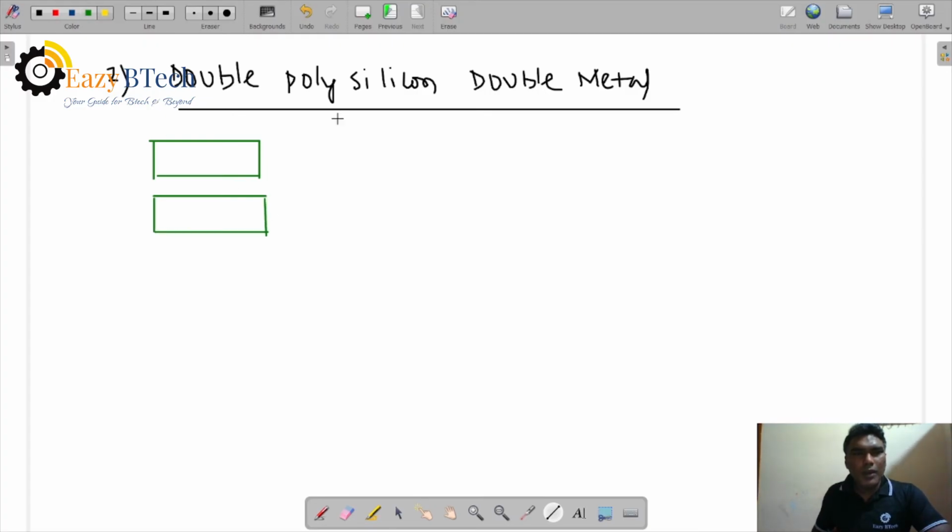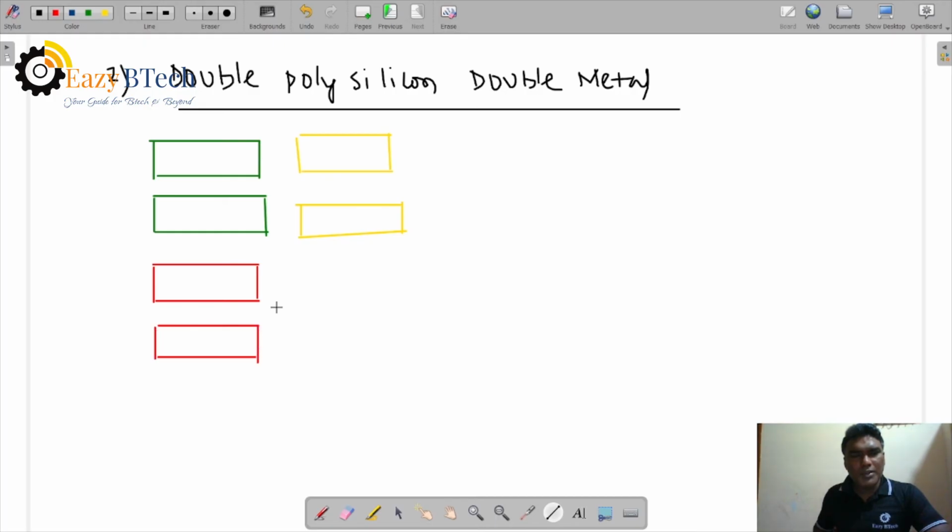And we have yellow is P plus diffusion, and we have poly 1 and poly 2. Poly 1 is red color, poly 2 is orange color. So poly 1 is red color, poly 1 separation, but color is not there. So this one is poly 2 separation.